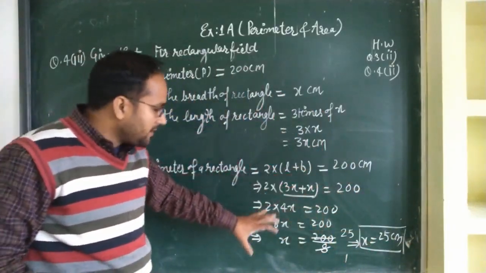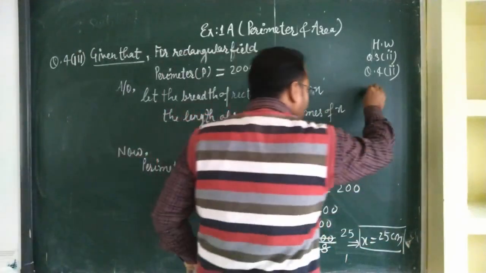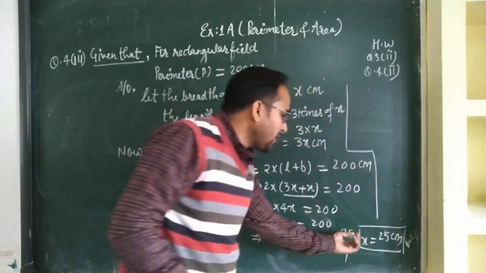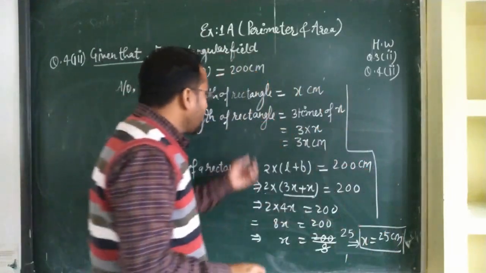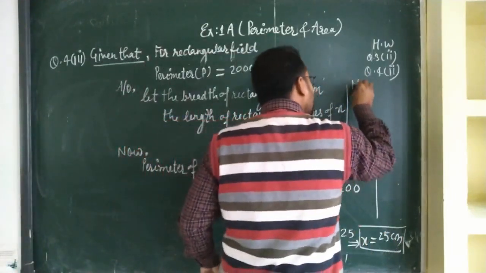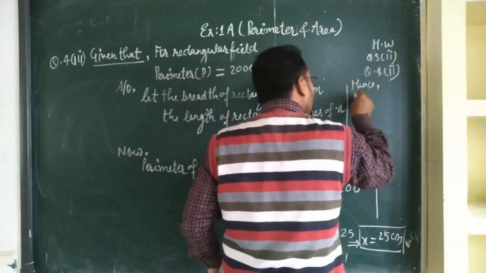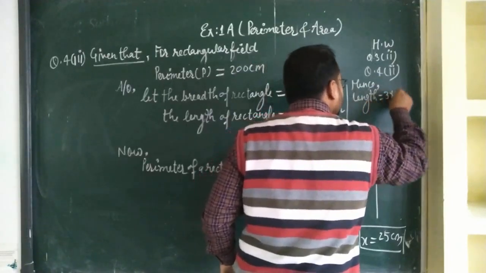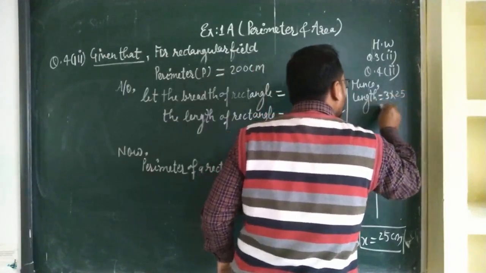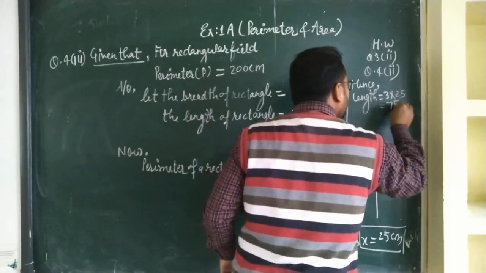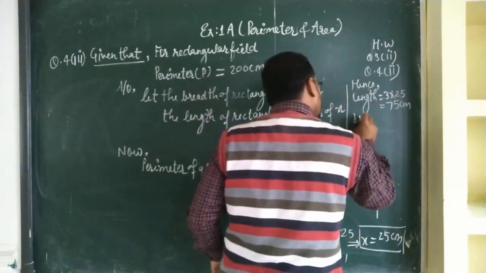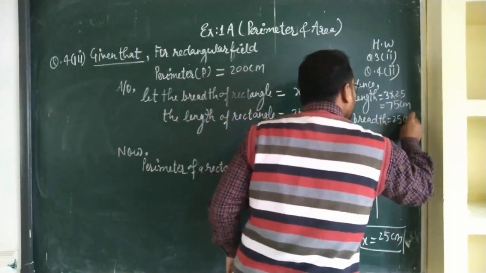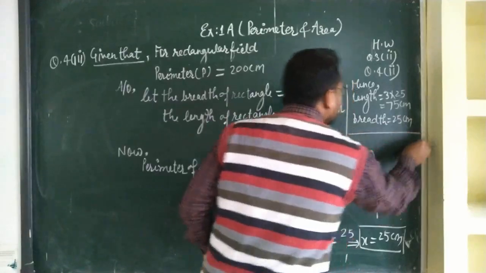Now you can find the unknown quantities. You have found that the value of x is 25 centimeter. Hence length is 3 times x, which is 3 times 25, so 75 centimeter, and breadth is 25 centimeter. So this is your answer, students.